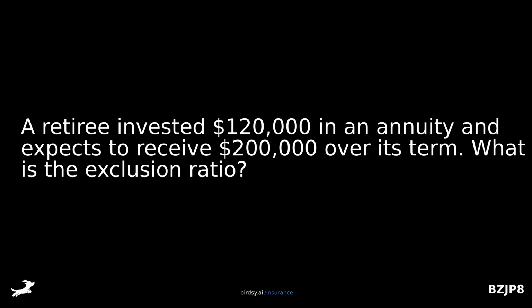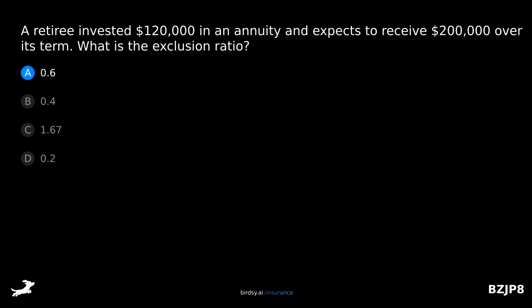A retiree invested $120,000 in an annuity and expects to receive $200,000 over its term. What is the exclusion ratio? Is it A, 0.6, B, 0.4, C, 1.67, or D, 0.2?